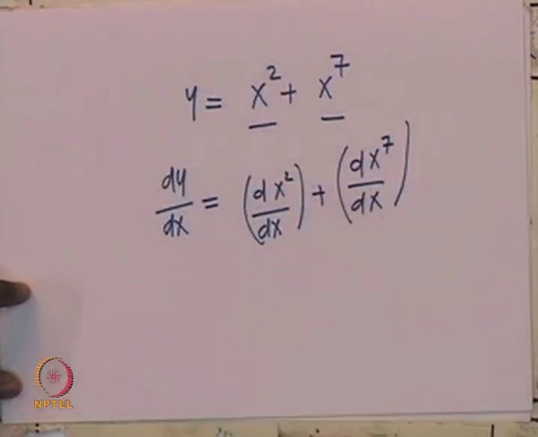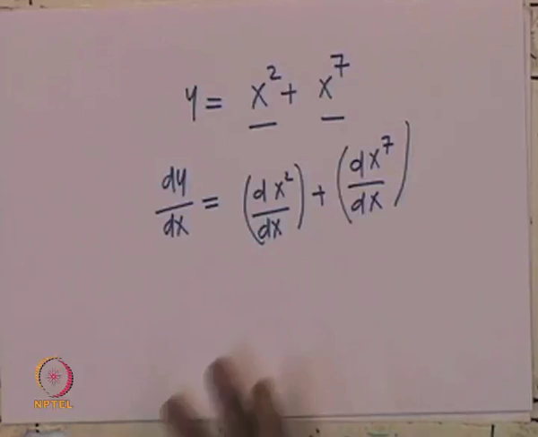So, to find the derivative of a sum of two functions, you can find the derivative of each function and sum them.